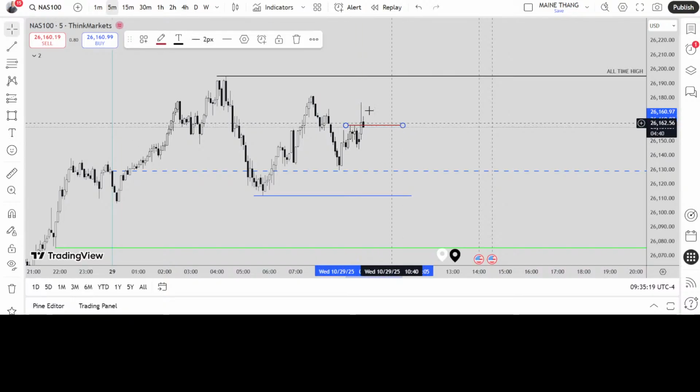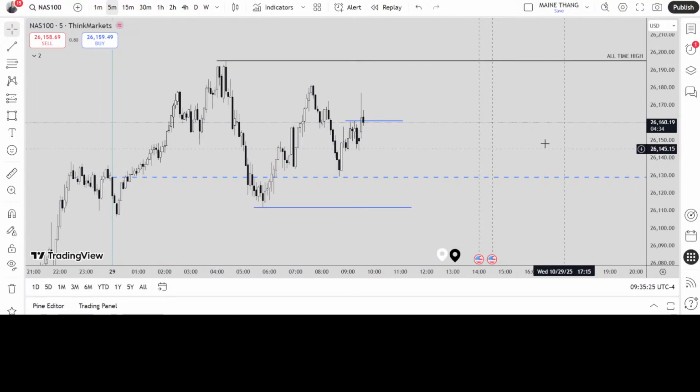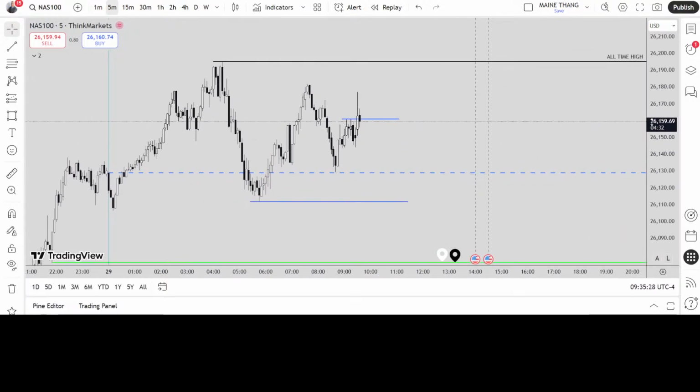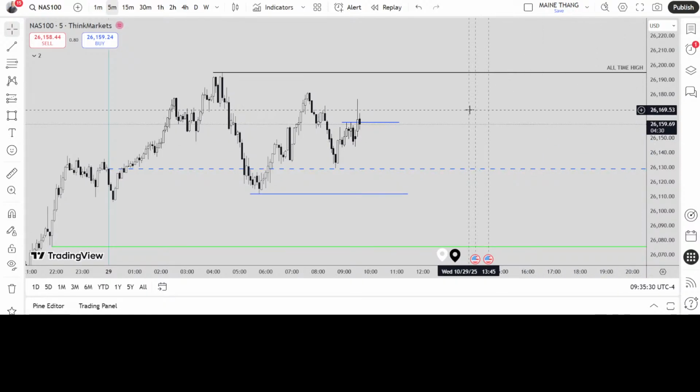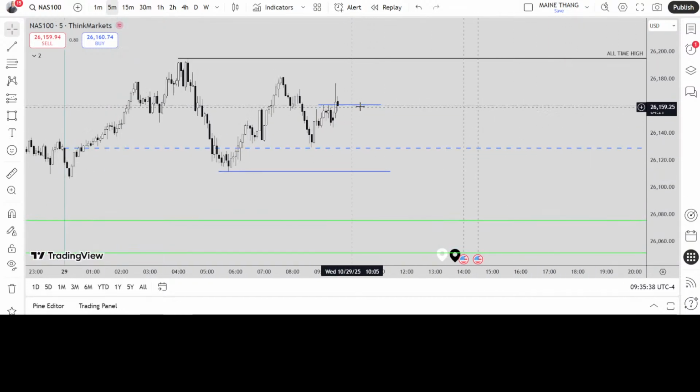Right? But since we took an L yesterday, we don't want to risk a low probability trade. We want to wait for it to break a major structure, up to the high or low on the 5-minute chart, that is.